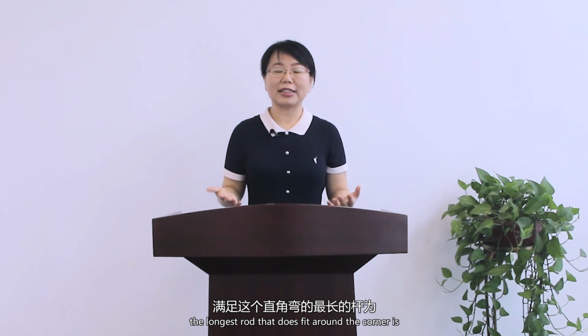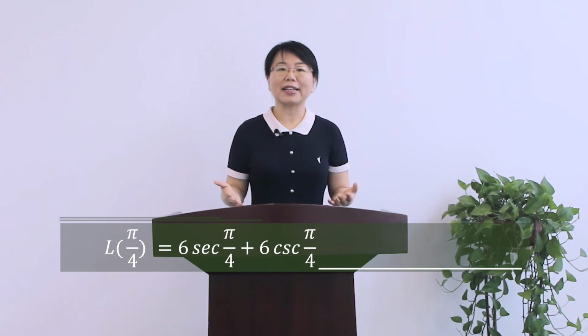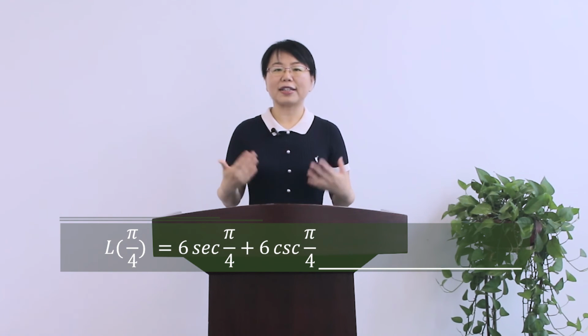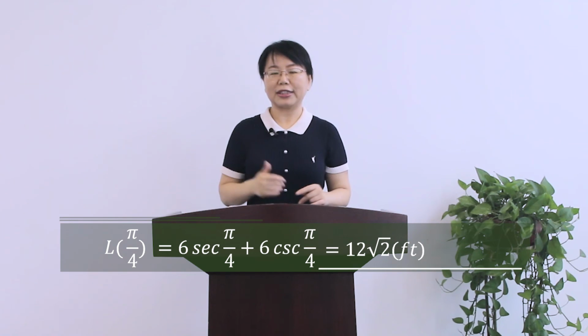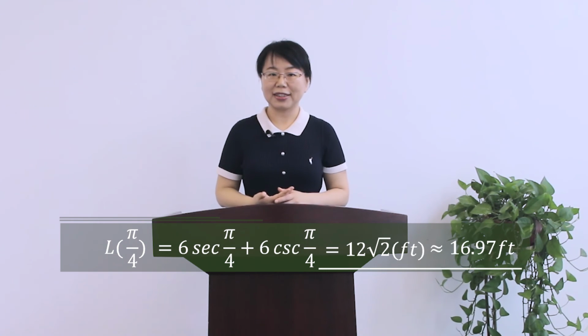Therefore, the longest rod that does fit around the corner is L of pi over 4. Then we plug in pi over 4, and we find that it's 12 times square root 2 feet, about 16 feet.